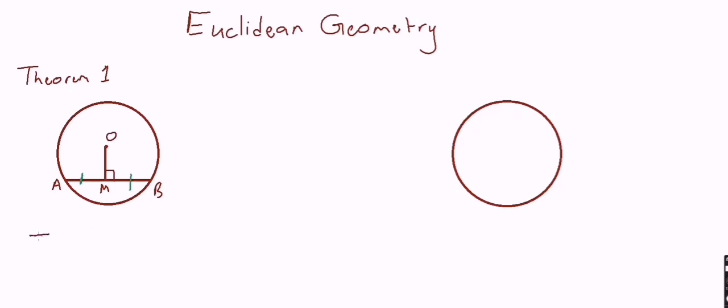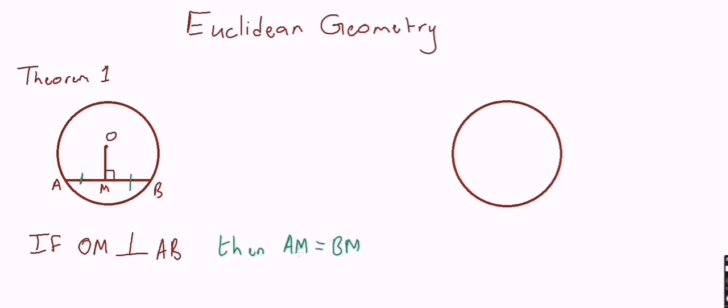So if AB is perpendicular to OM, or rather if OM, because it's OM that we are drawing, if OM is perpendicular to AB, then AM will be equal to BM, because in fact M is going to be the midpoint of AB.